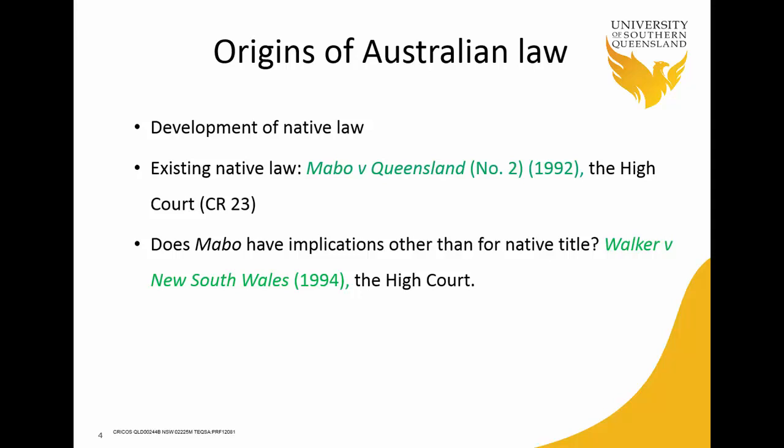Now, the factors leading to English settlement take us back to 18th century Britain and the beginnings of the Industrial Revolution. The change from an agrarian economy to an industrial economy meant that many people became landless and had to move to the cities to find work.